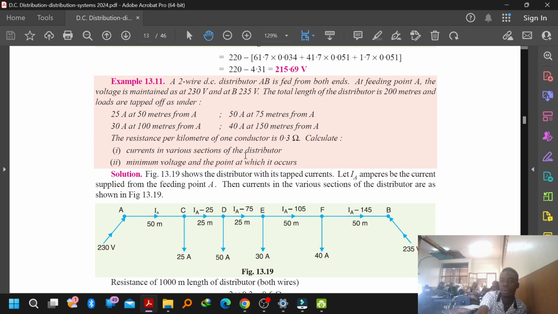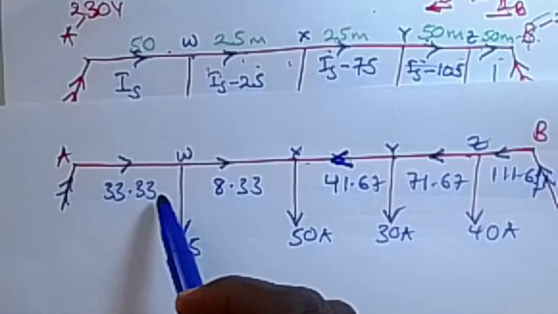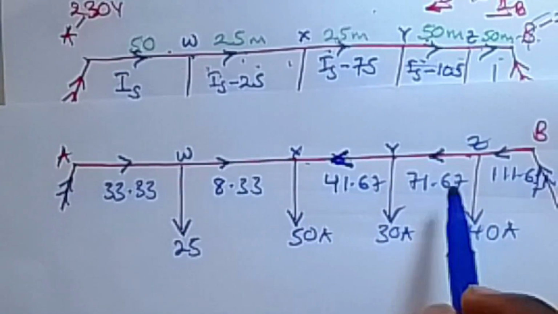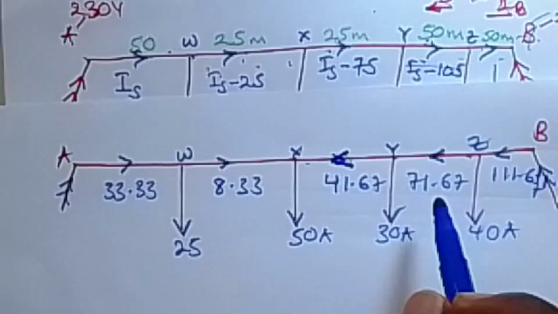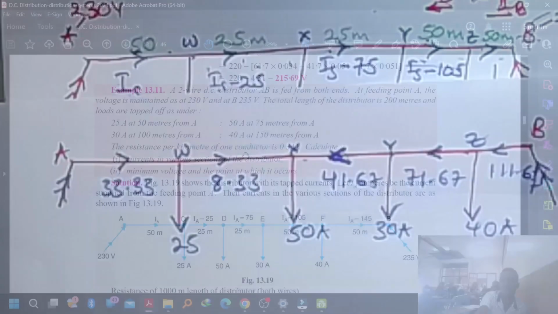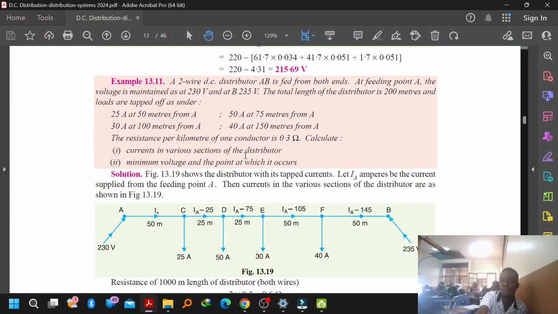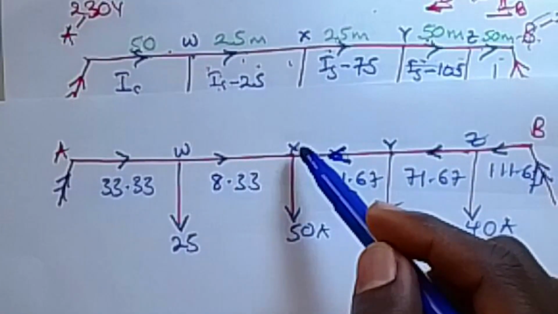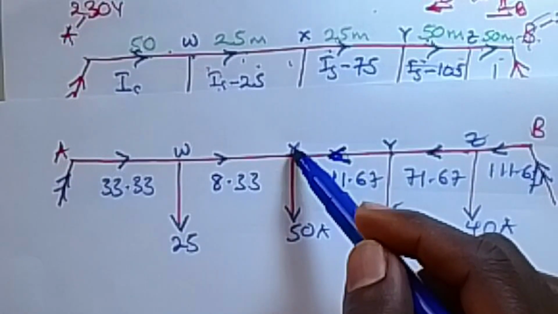These values of 33.3, 8.3, 41.67, 71 are the currents flowing in each section. When they told us to find the minimum voltage and the point at which it occurs, that point is this point here where there is a change in direction.